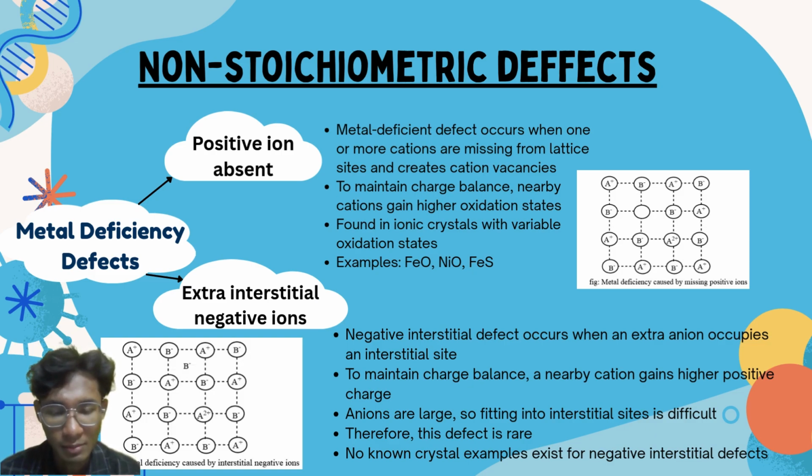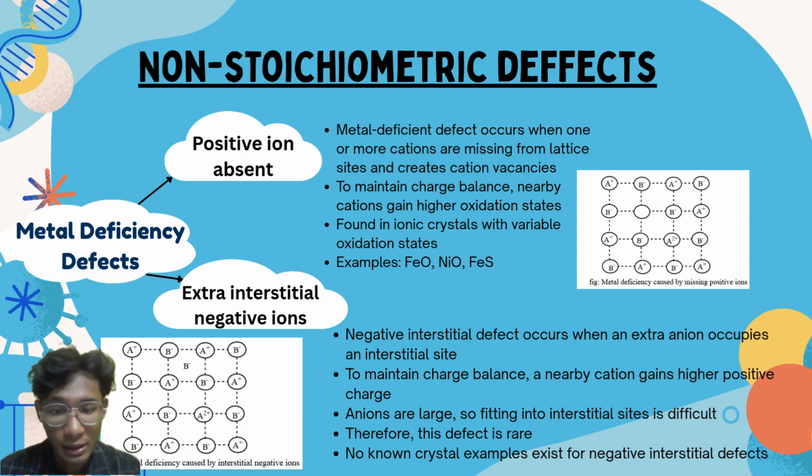To maintain charge balance, the nearby cations gain additional positive charge and are converted into cations with a higher oxidation state. This type of defect is found in ionic crystals in which the metal ion exhibits variable oxidation state, such as iron oxide, nickel oxide, and iron sulfide.